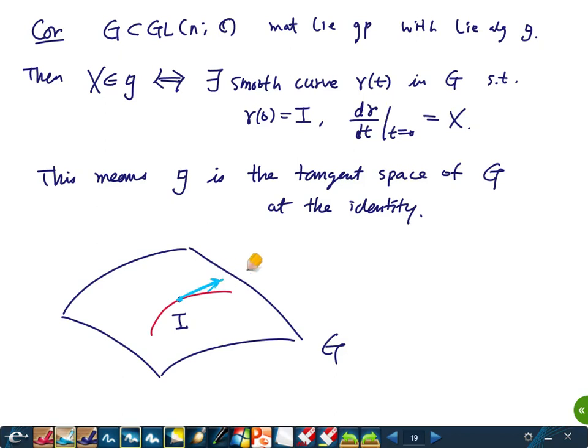Then this is going to be inside Gothic G. So basically what this theorem says is that the tangent space at the identity is going to be Gothic G. So this is very nice. We have a matrix Lie group or Lie group, and its corresponding Lie algebra is just the tangent space at the identity.